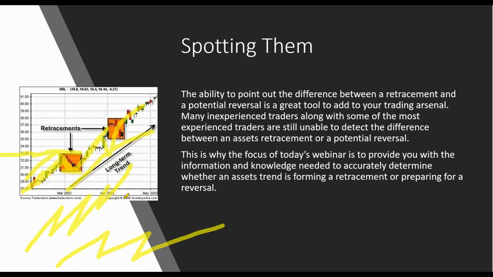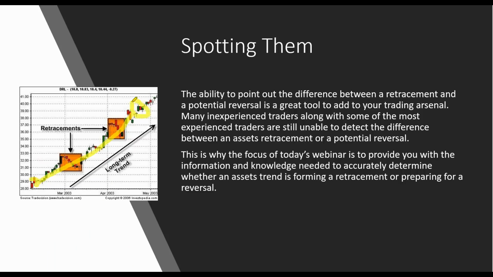Now, one of the most important reasons to be able to determine this is we would like to enter a market down here and exit a market up here. We don't want to, because what happens is too many buyers panic when the asset starts to decline, and they exit the market.